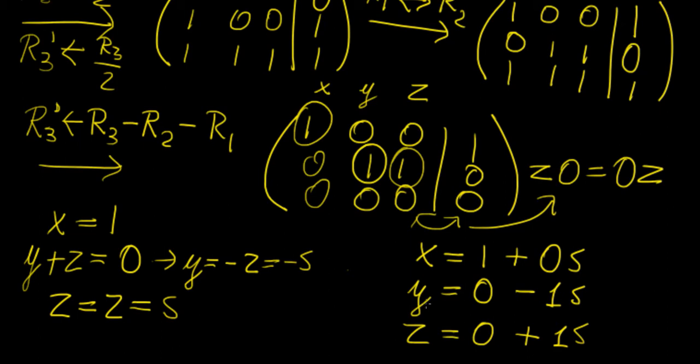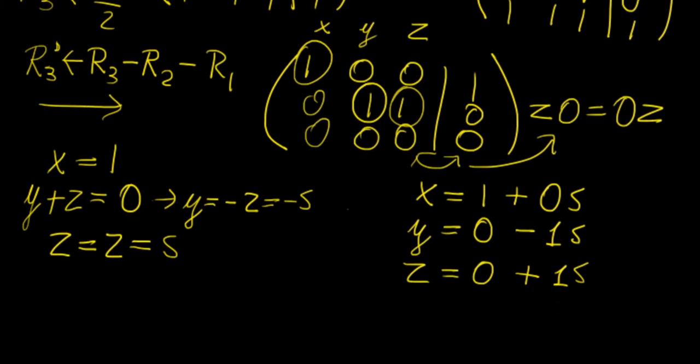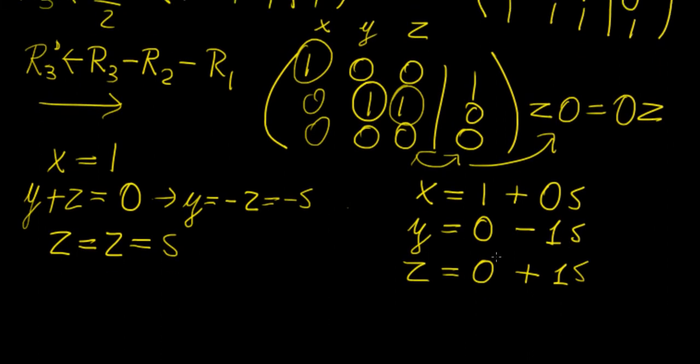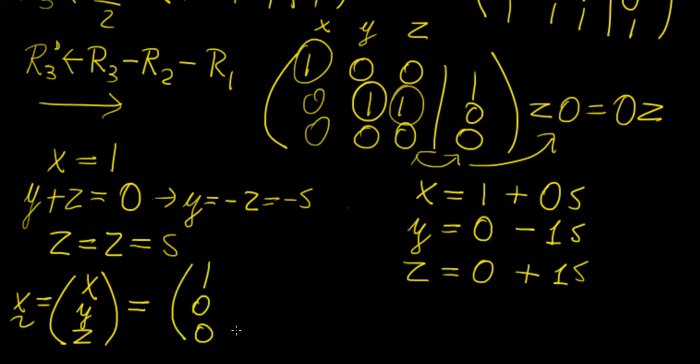So now we have a system of 3 equations again, but the difference is this allows us to actually write our final solution vector x, y, and z. So if this is our solution vector x, then we can write this as a single column 1, 0, 0, and then we can extract the parameter s from the next column vector and write in those coefficients.